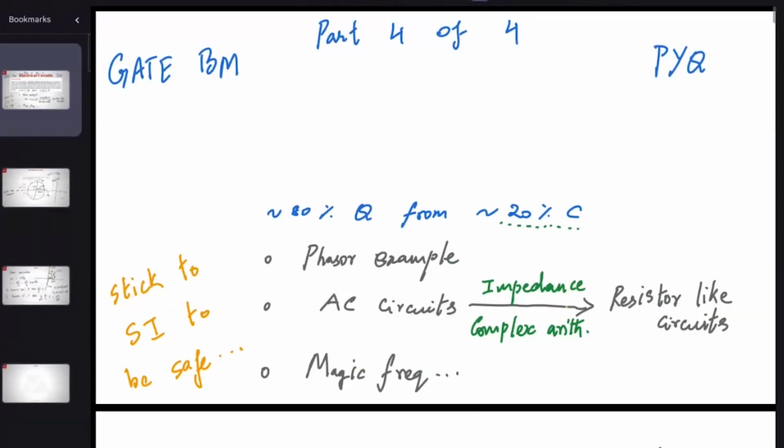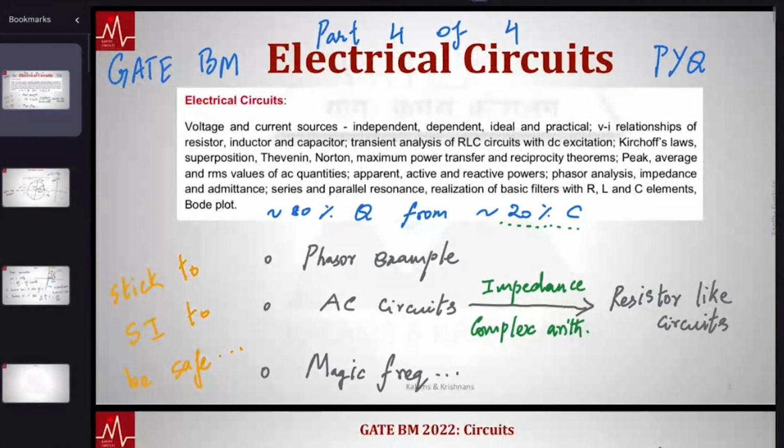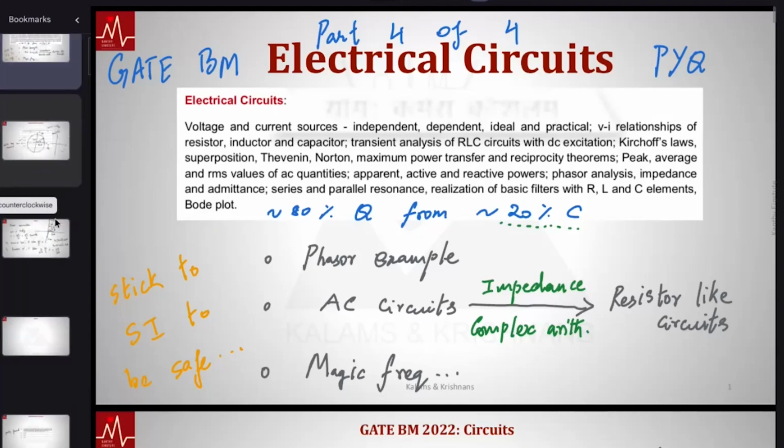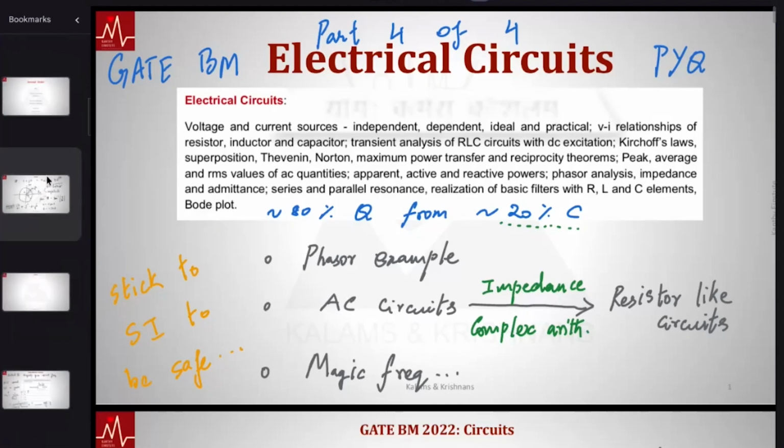AC circuits become like resistor circuits. You are not worried about having 3 or 4 resistors. Same thing happens with second order circuits. If you know that complex algebra, you can easily deal with second order circuits. By now you should have gained confidence regarding that.